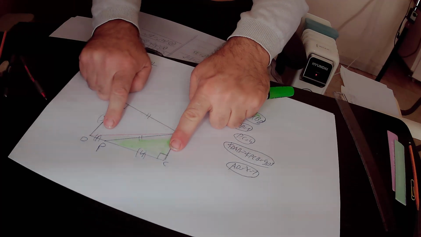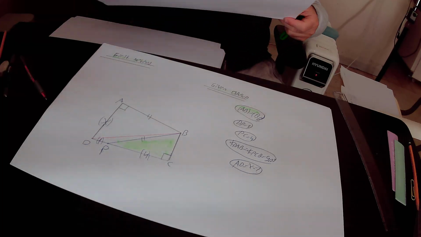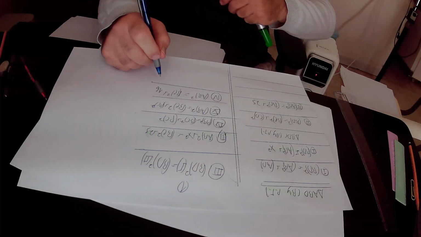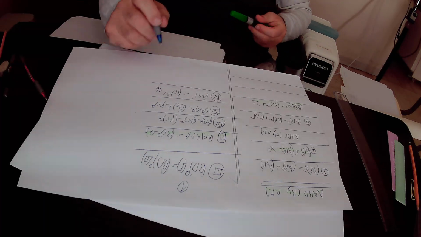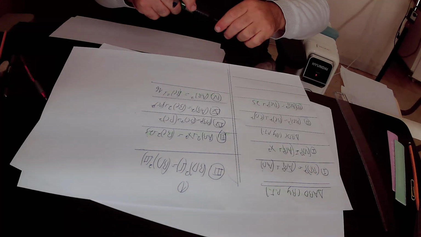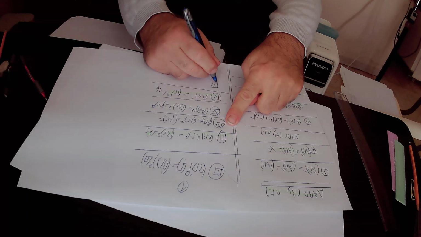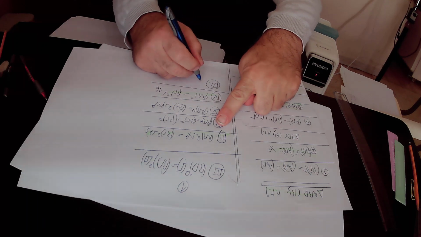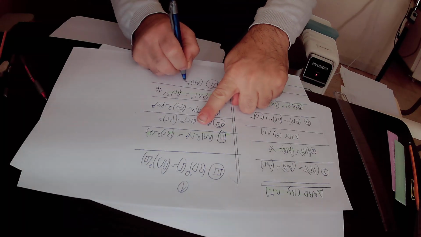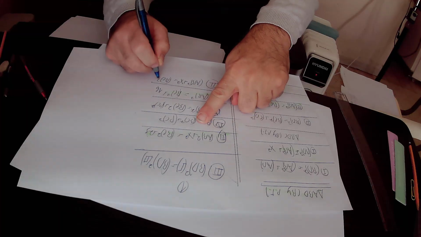PC equals 4, therefore PC squared is 4 squared, it is 16. So in total, according to equation 4, we found out that AB squared equals BC squared plus 16. According to equation 3, we already found out that AB squared plus x squared equals BC squared plus 25.